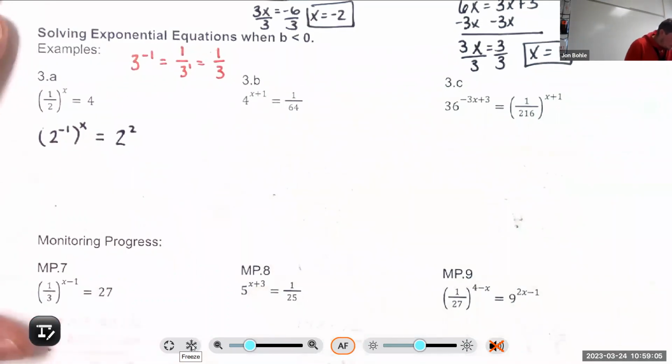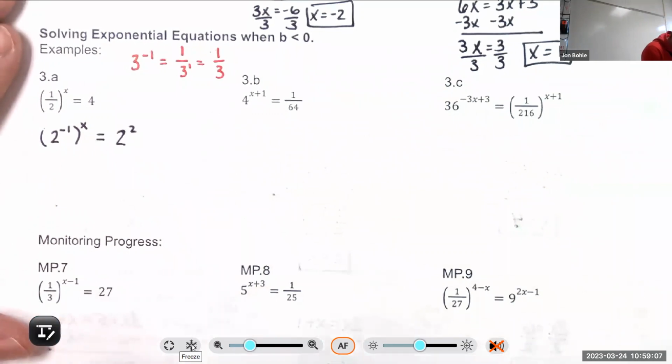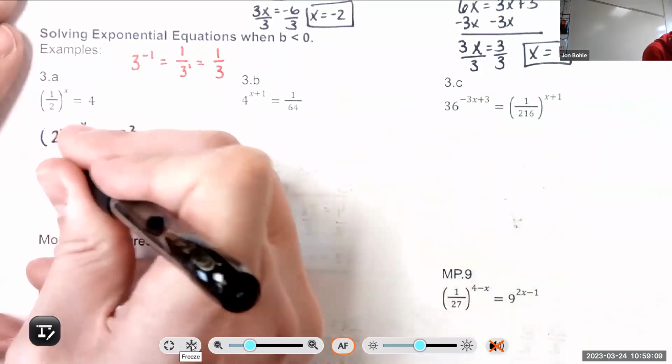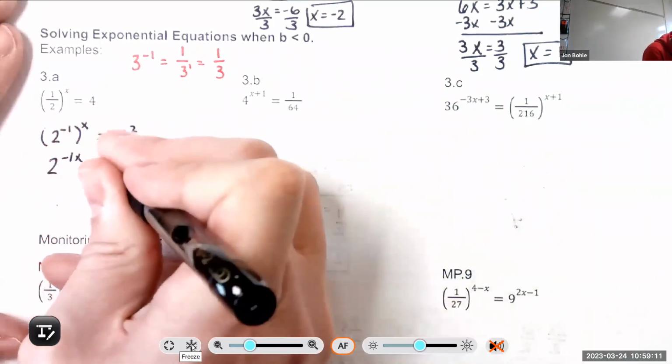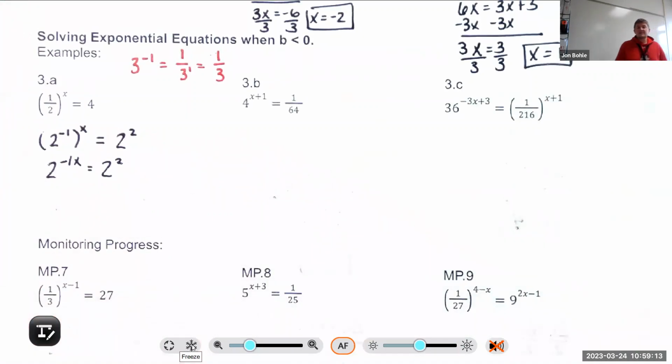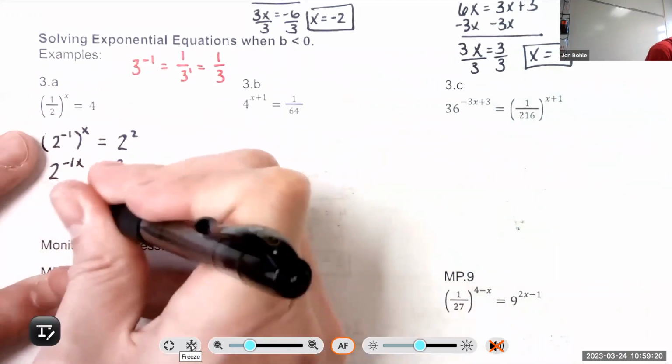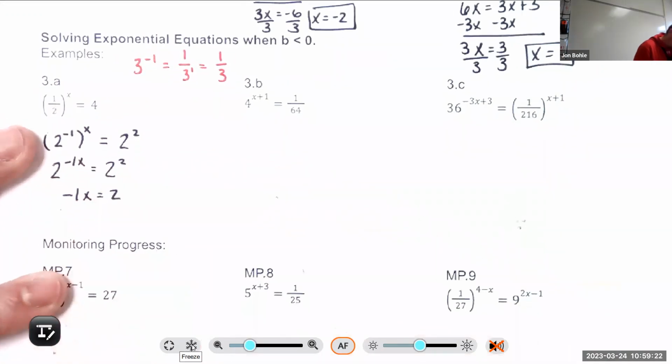Power to power, what do I do? Multiply. So now I have 2 to the negative 1x is equal to 2 to the second. Are the bases the same? Yeah, so I can just say the exponents are equal to each other.